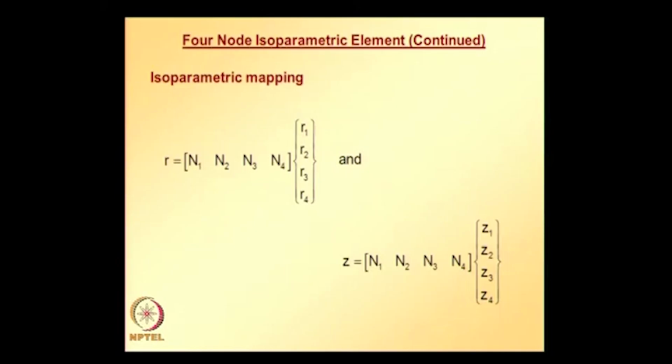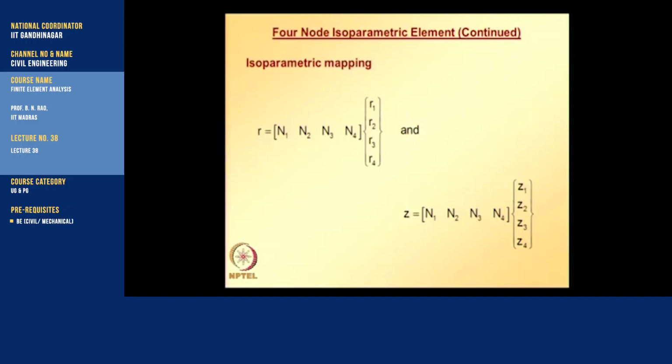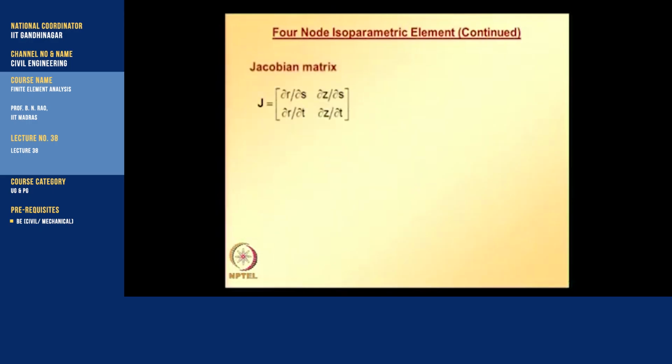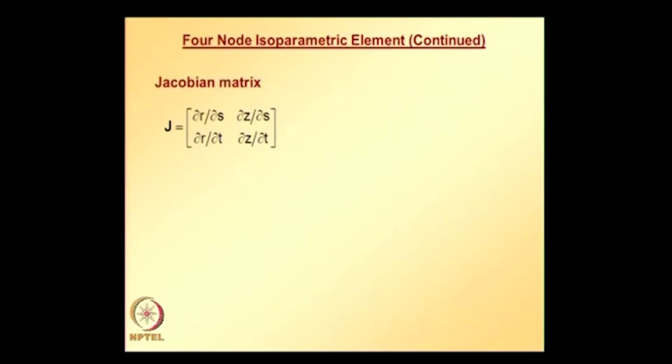So, once we have these two equations, we need to take partial derivatives of these two equations with respect to S and t, and then we can calculate the Jacobian matrix J and also determinant of J. So, the Jacobian matrix consists of components: partial derivative of r with respect to s, partial derivative of z with respect to s, partial derivative of r with respect to t, partial derivative of z with respect to t, and determinant of J is given by this.